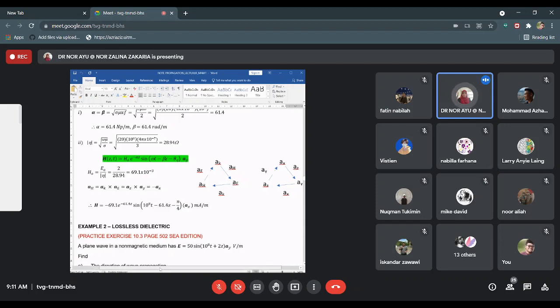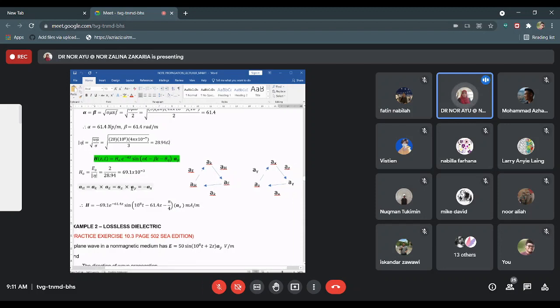AZ cross AY, which is anti-clockwise, you will get negative AX. So because of that, the direction of your H will be negative AX.